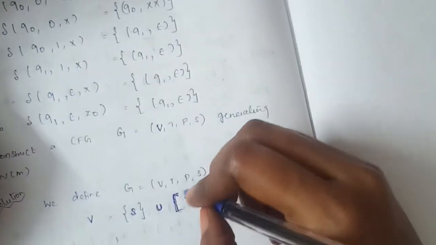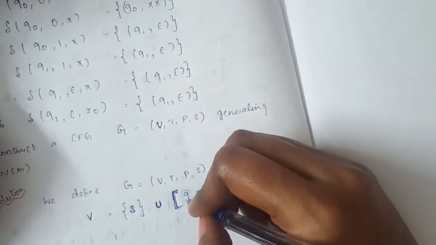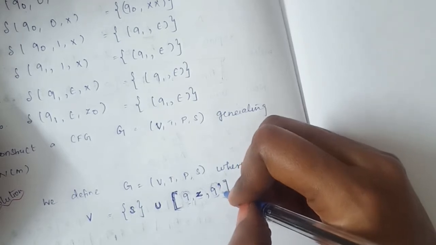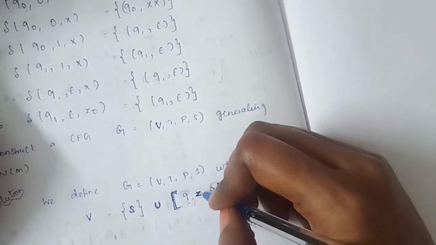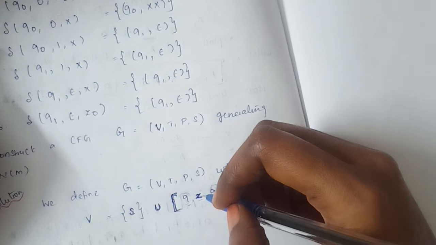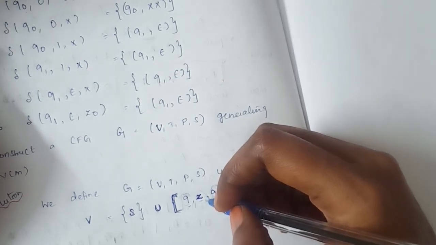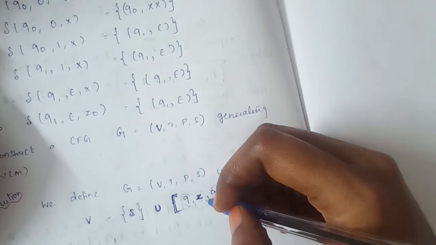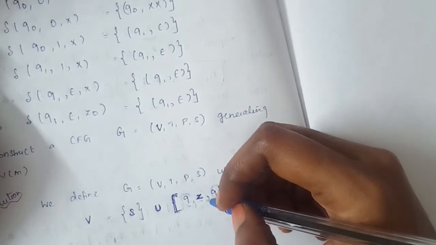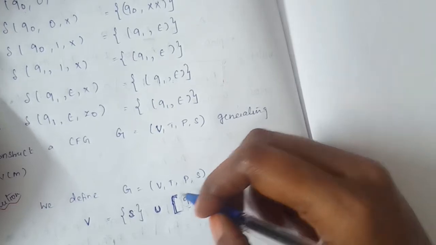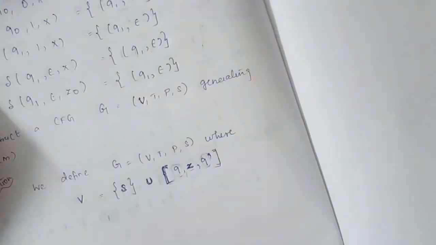So when we see this, it is a combination: q naught or q1, q' also q naught or q1, and this is always X. After that we have the start symbol.